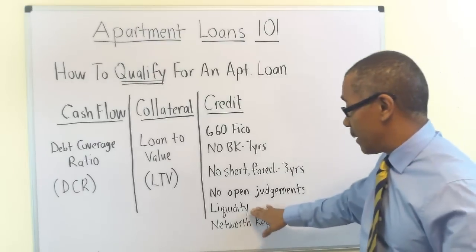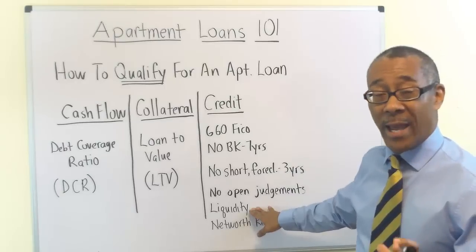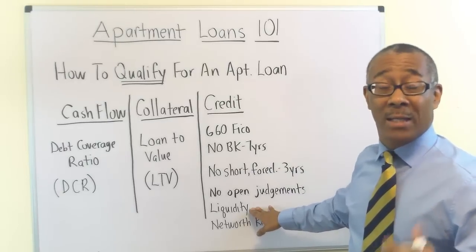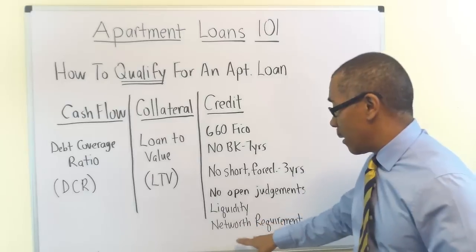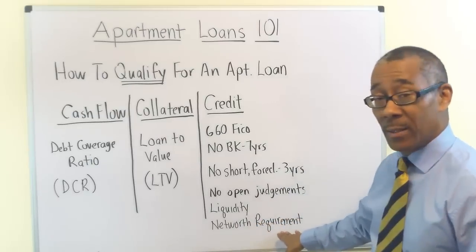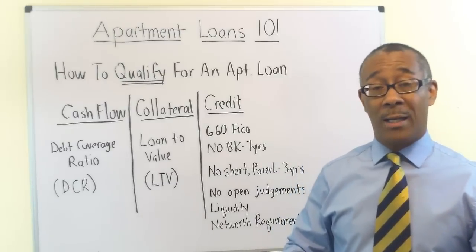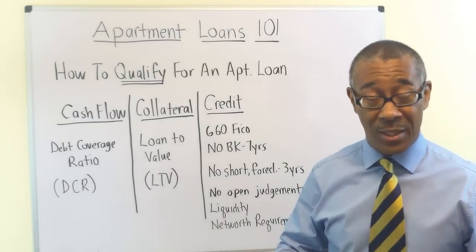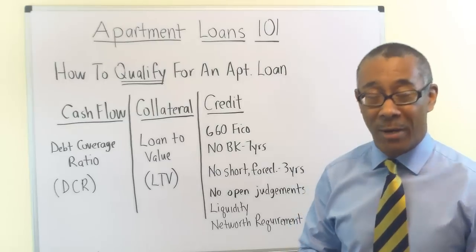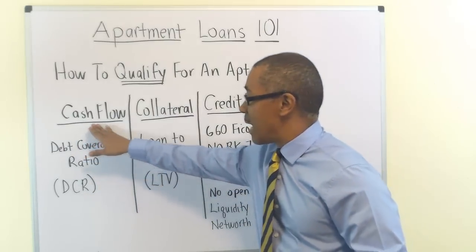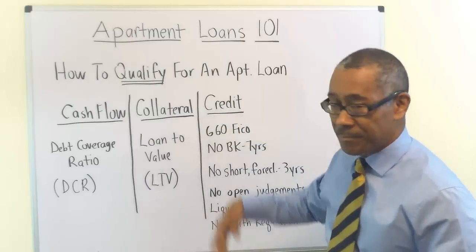They want you to have liquidity at the end of the transaction, some money in the bank after you close, and also there's a net worth requirement at the time of applying for the loan. They want you to be worth something when you apply. So those are the 3 C's: cash flow, collateral, and credit.